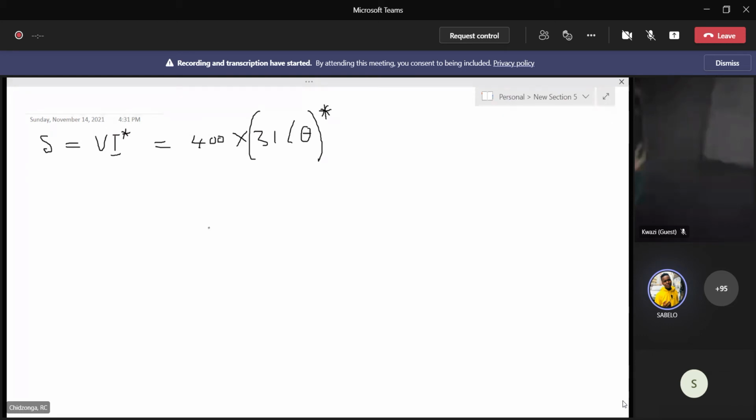I have explained it before when we started power factor, right? If you were here last week, I actually went through the derivation of S when the load is purely capacitive.